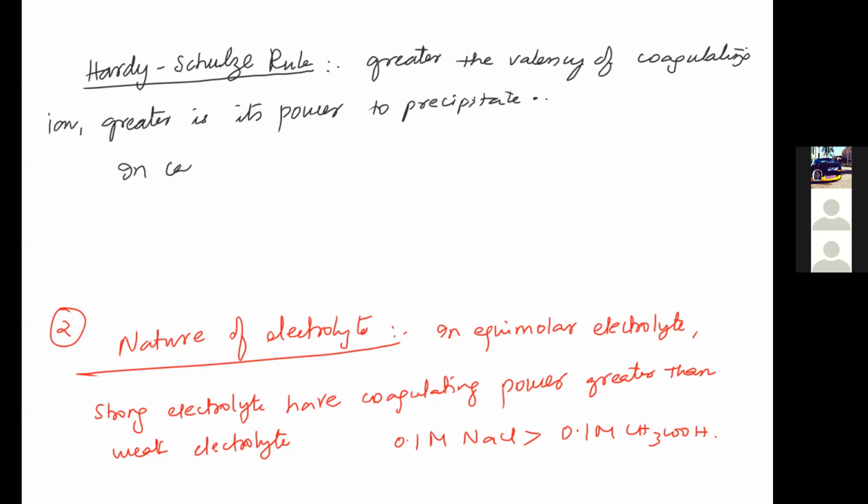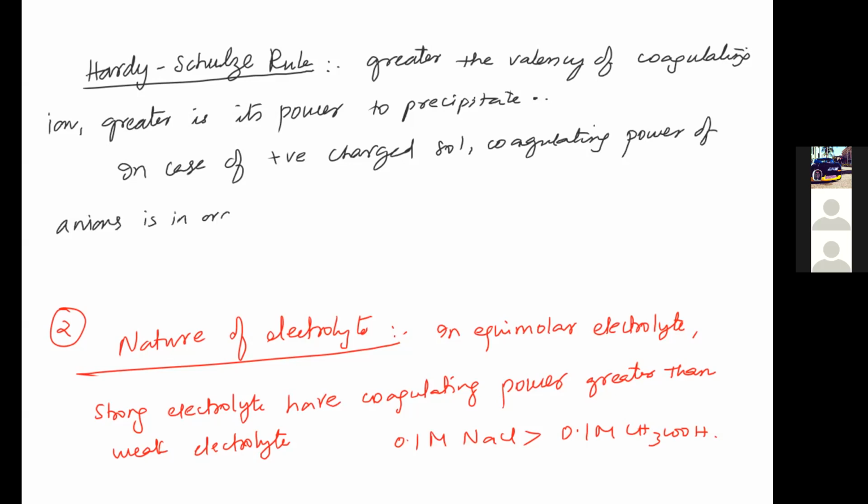In case of positively charged solution, coagulating power of anions is in the order of, very important, [Fe(CN)6]4- greater than phosphate ion, greater than sulfate, greater than chloride.